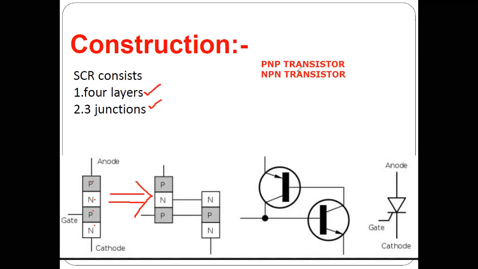If you take these two transistors, keep the first PNP transistor here, and the second transistor is placed in such a way that this N and this N and this P and this P should overlap with each other.